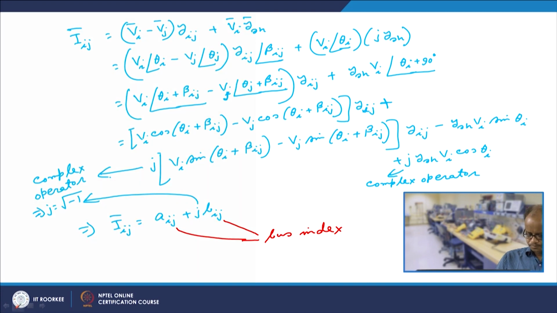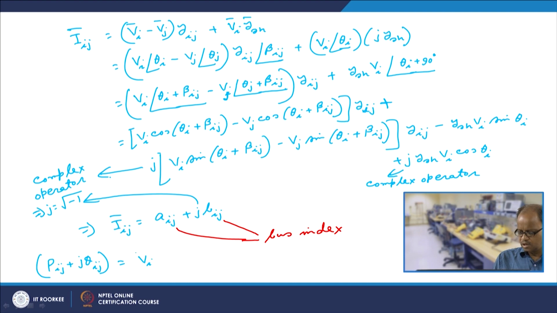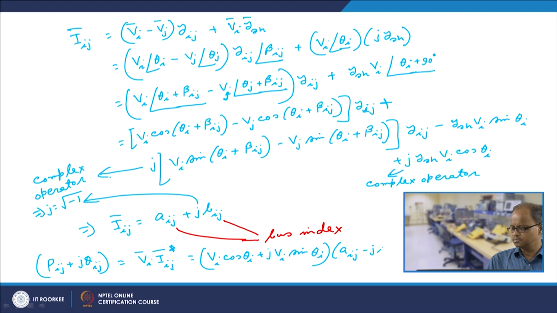So then from here I can write down Pij plus jQij, that is if I am measuring Pij and Qij at this point, at the outgoing point from bus I. So it would be Vi into Iij star, so this is Vi cos theta I plus j Vi sin theta I into Aij minus j Bij.